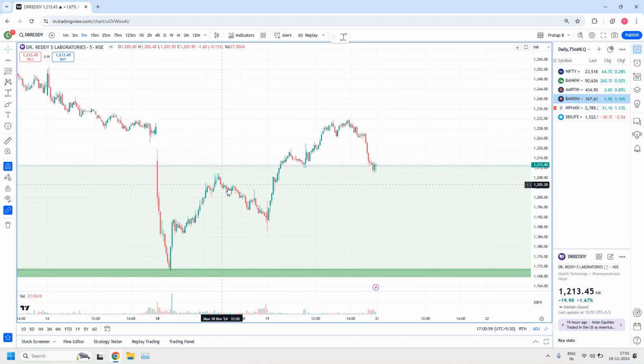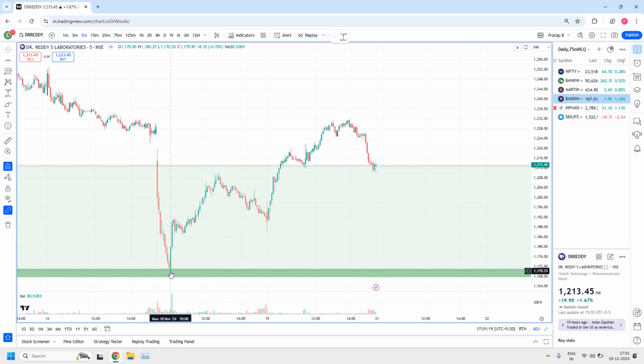Similarly, when you are booking a profit in this area, whatever the equity chart is showing at the time of booking, at that level, with whatever price the futures chart is having, you book the profit.